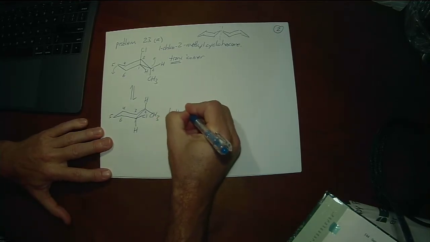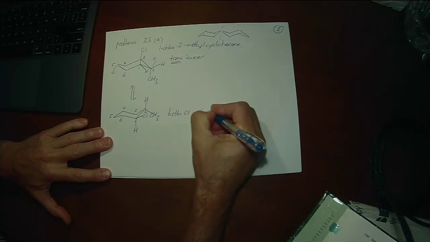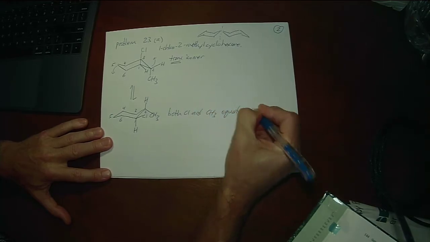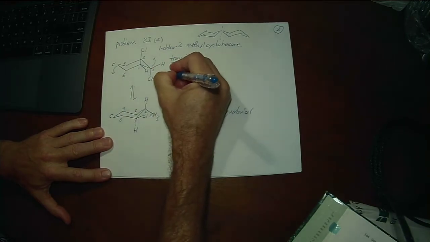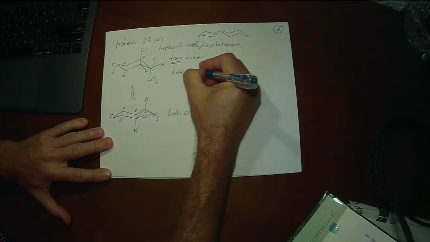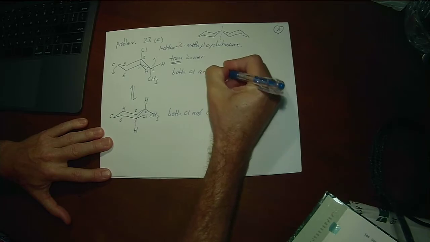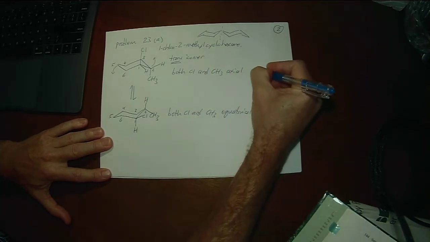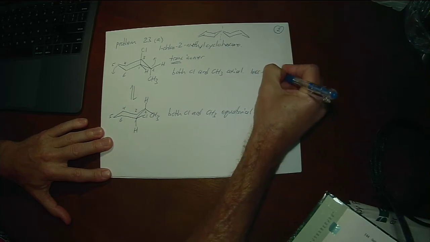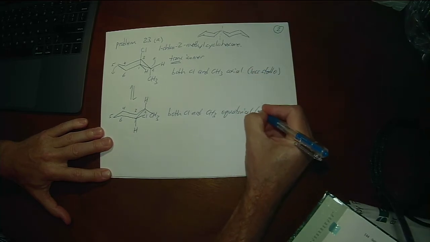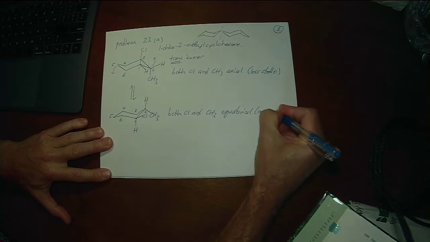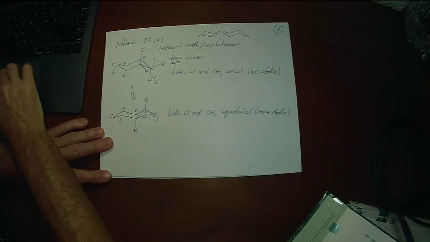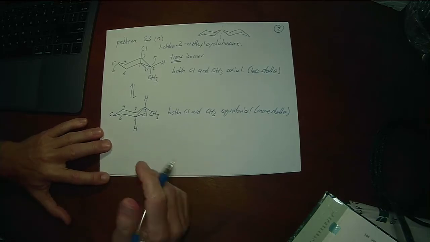Both Cl and CH3 are equatorial. That's more stable than having both Cl and CH3 axial. You'd like to keep as many groups as possible in equatorial positions in order to get a stable chair.